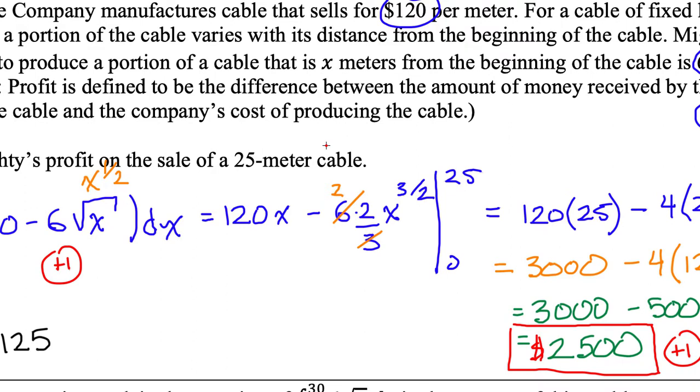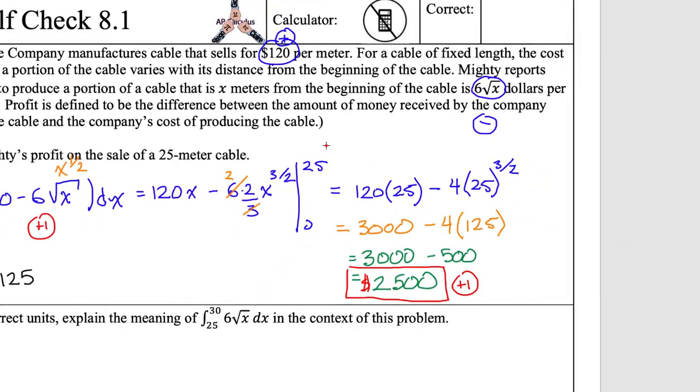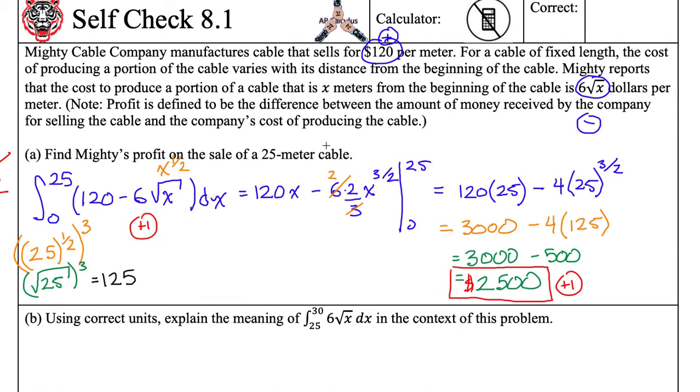Okay. Because it's just saying that's how much it costs to produce it. Right? Yeah, 6 square root of X dollars per meter.